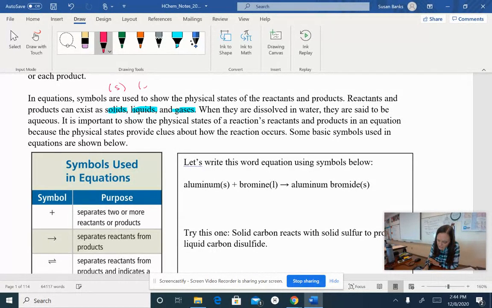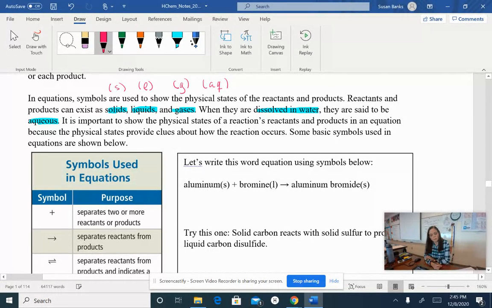Liquids are designated by a lowercase l in parentheses. And gases are designated by a lowercase g in parentheses. Now, when they are dissolved in water, we talked about this a little bit. Remember, dissolved in water is aqueous, okay? So dissolved in water is aq. It means it's dissolved in water, okay?